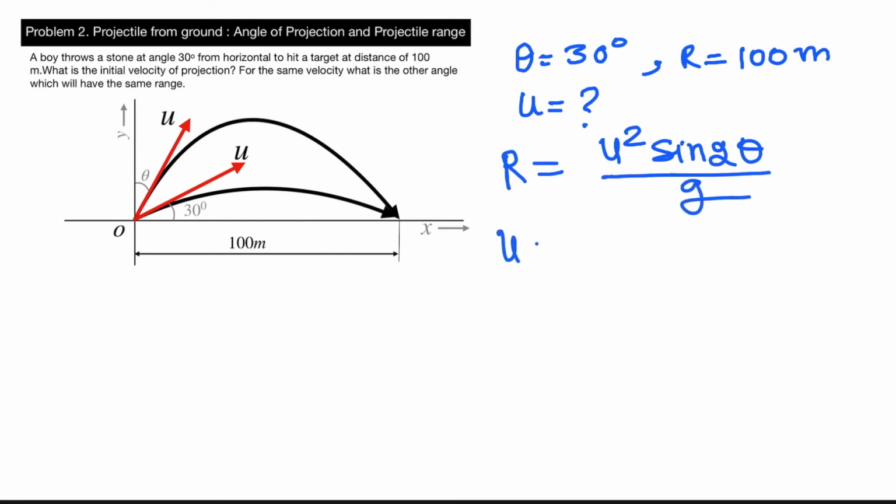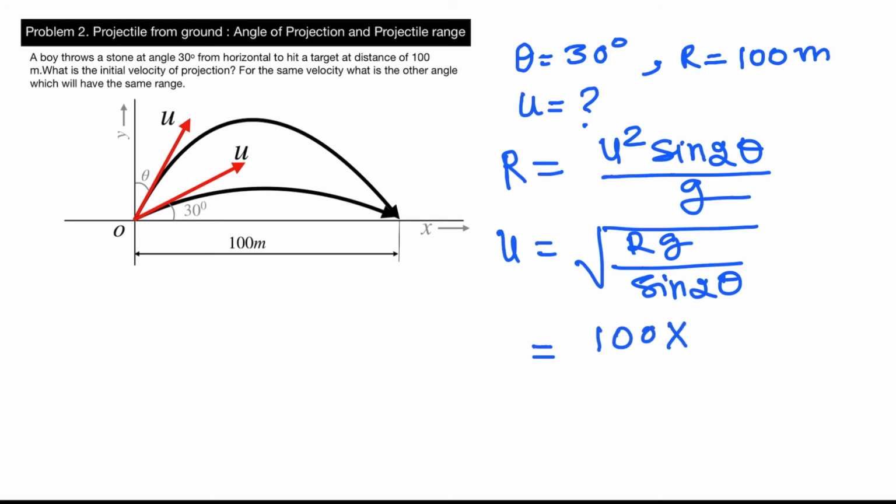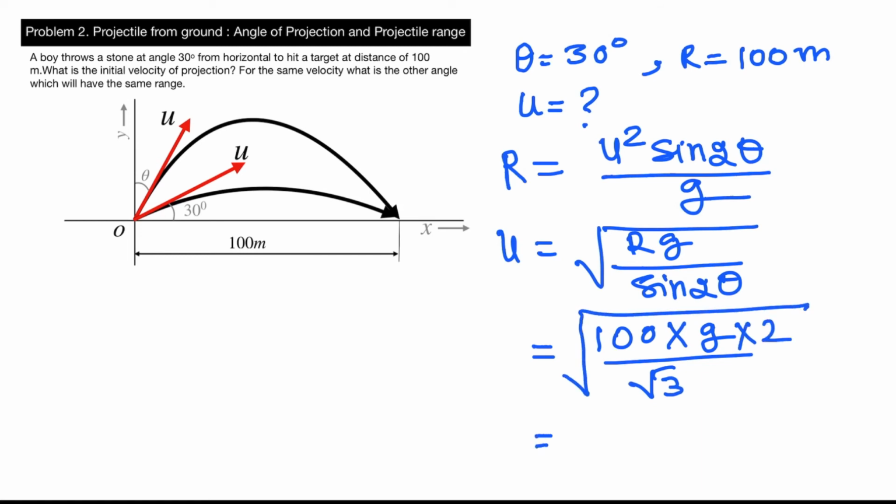So we can say u will be equal to square root of Rg divided by sine 2 theta. So this will be equal to 100, and we take a value of g as 10, and sine 2 theta means sine 60, and sine 60 value is root 3 by 2, under a square root. So this will be square root of 2000 divided by root 3 meter per second.